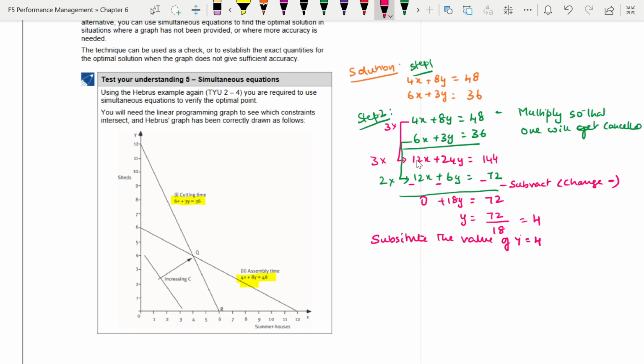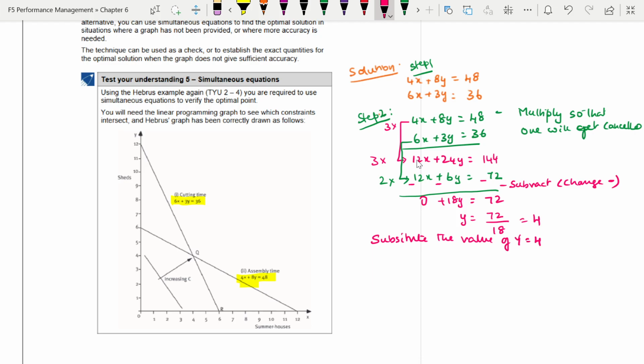Why do we multiply it by 3? We have to make it equal. One has to be 0. Then only we can calculate, either you put x as 0 or y as 0.